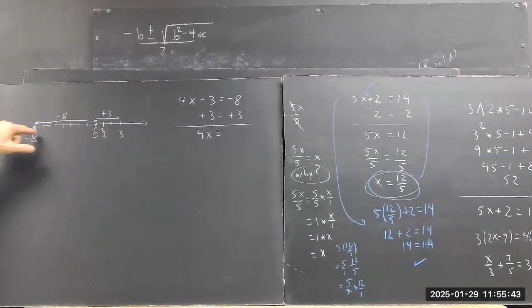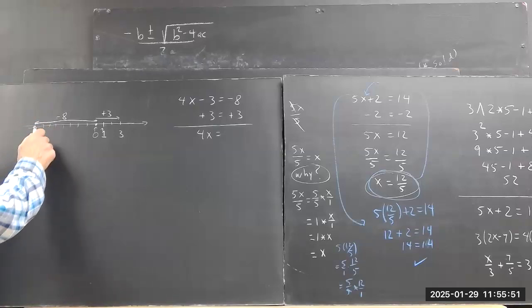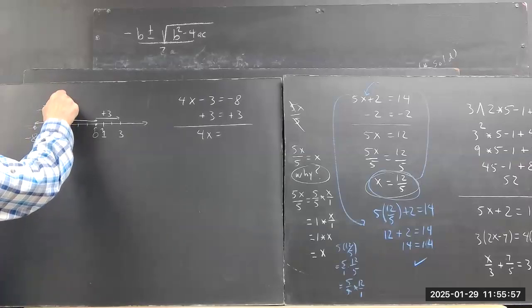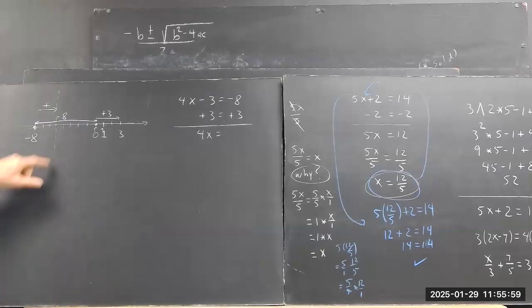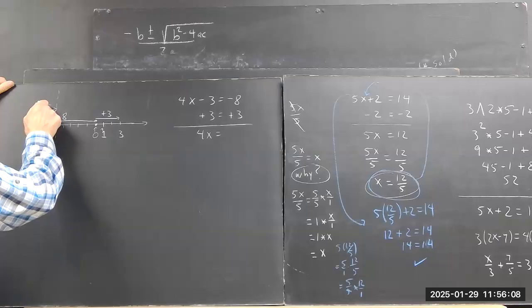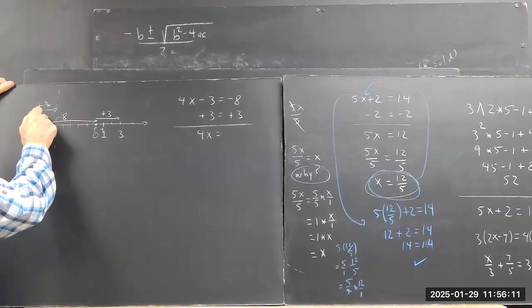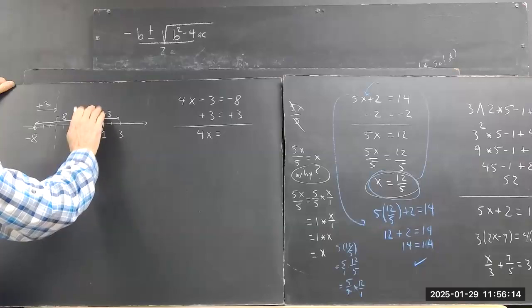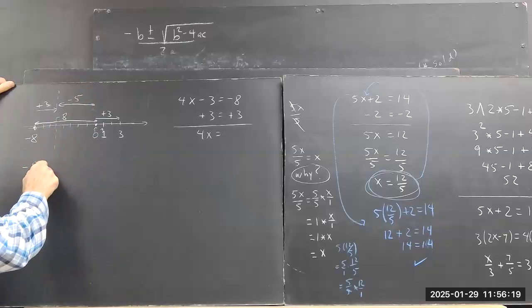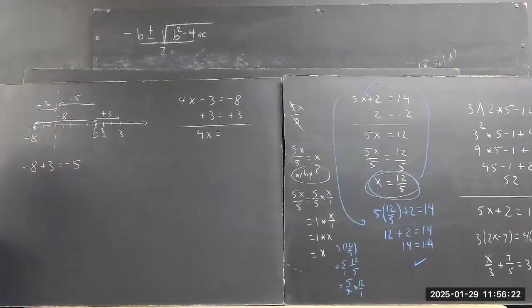If we move over negative 8, and then we do plus 3, that means we've got to move over 8 units and then come back 3 units. And that leaves us here, which is negative 5, right? So negative 8 plus 3 equals negative 5.